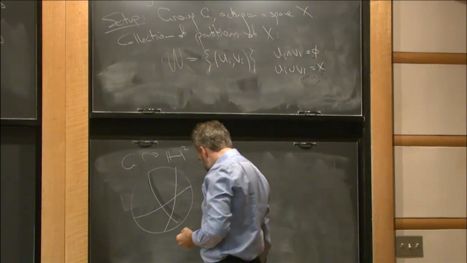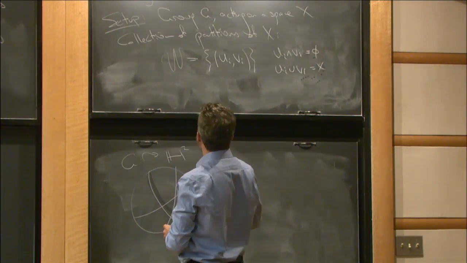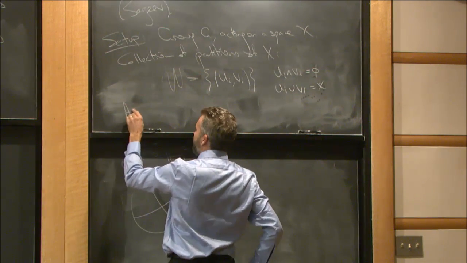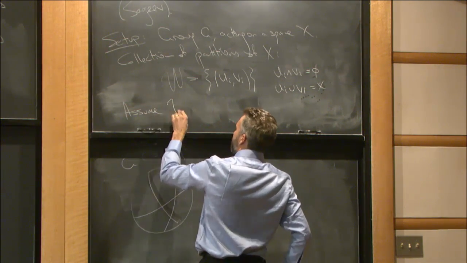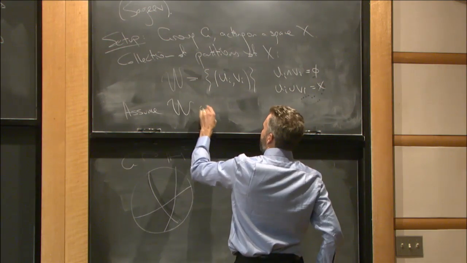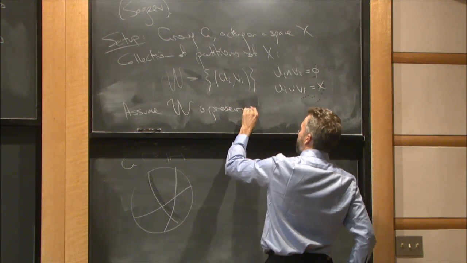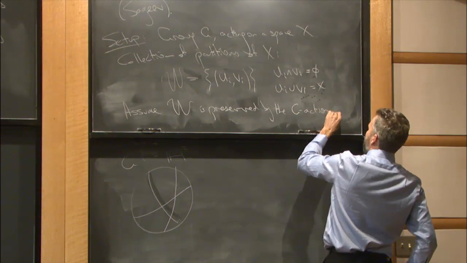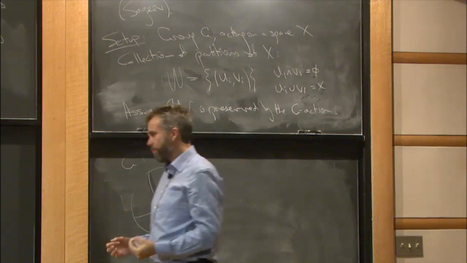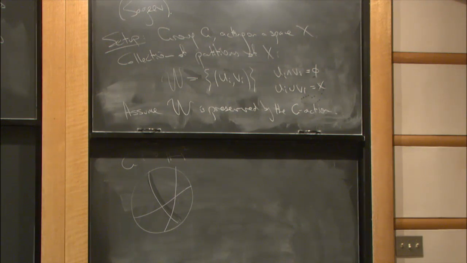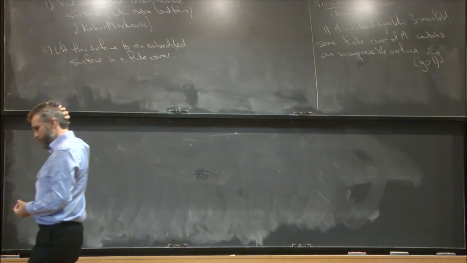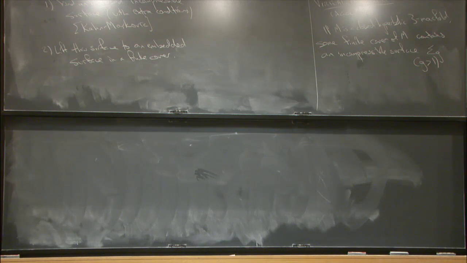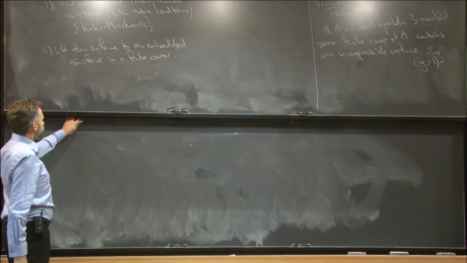Okay, so that's some combinatorial information, and I want to assume that this collection W is preserved by the G action. So you want to look at all of the copies of this immersed surface in the universal cover, translated around by the deck group acting on the universal cover of the manifold.